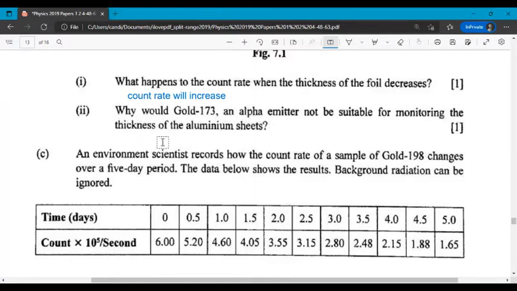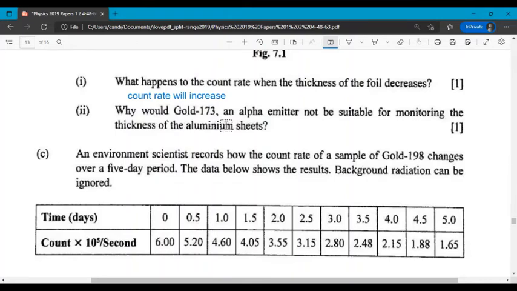All right, the next part says, why would gold 173, which is an alpha emitter, not be suitable for monitoring the thickness of the aluminum sheets? Okay, so alpha particles have an even shorter range than beta particles, and they will be completely blocked by aluminum.